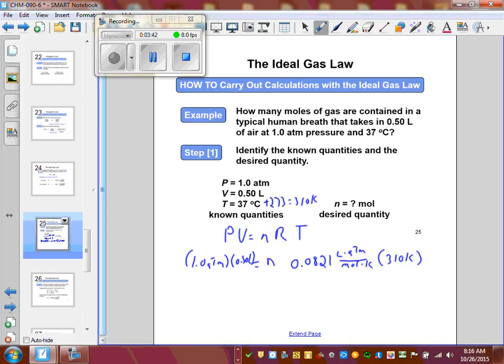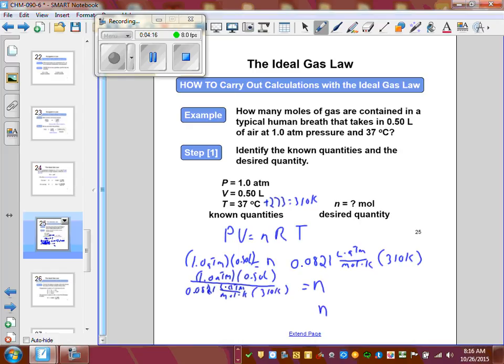So if I'm going to solve for n, I get 1.0 atm times 0.50 liters divided by 0.0821 liters atmosphere per mole Kelvin times 310 Kelvin.